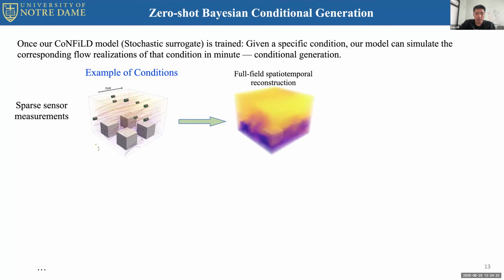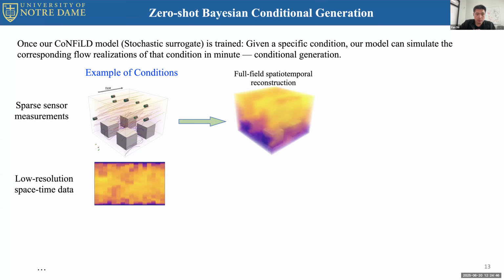For example, you can take some measurements from a flow field, and this is the turbulent flow over a rough wall. Those cylindrical objects are flow sensors that can measure the velocity or pressure values. And you can use those data to reconstruct the full spatial-temporal flow field.